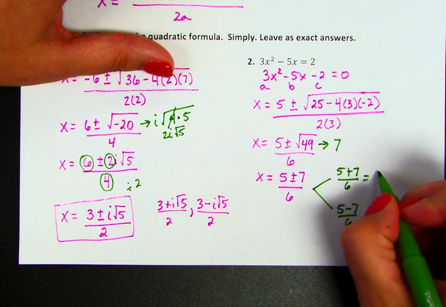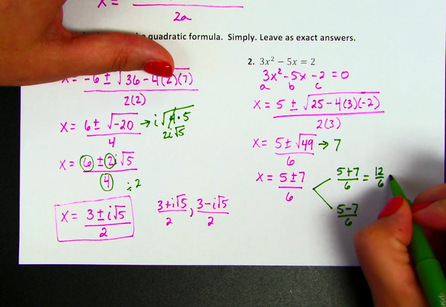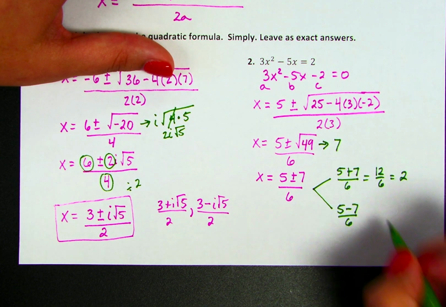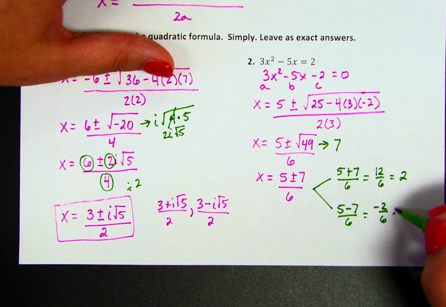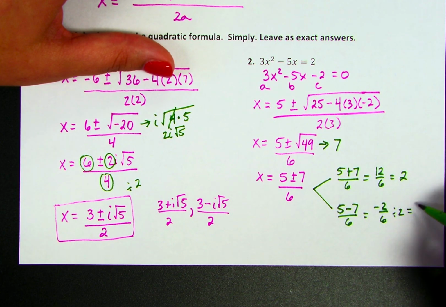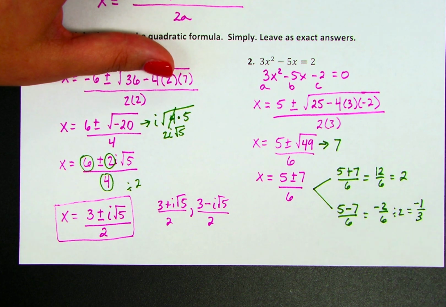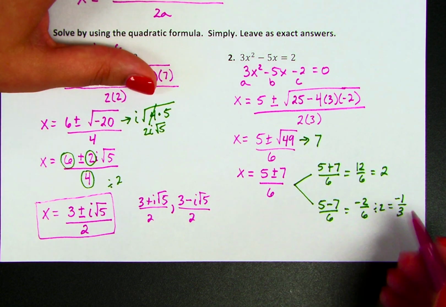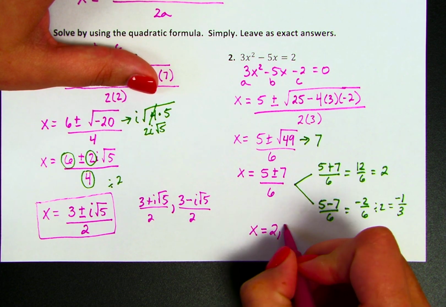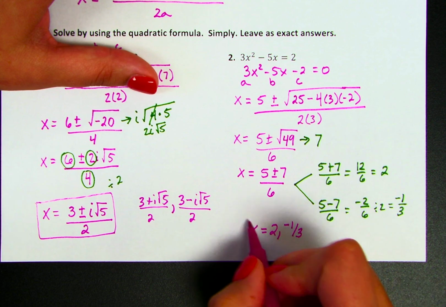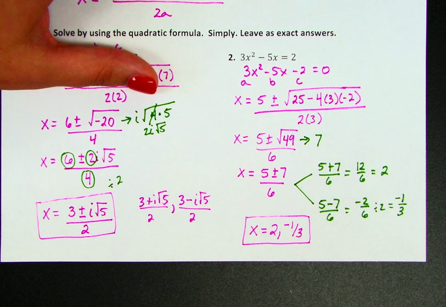Okay. So this will be 12 over 6, which is 2. And then 5 minus 7 is negative 2 over 6. And then I can divide each of those by 2. So this will be negative 1 over 3. So the final answers for this one will be x equals 2, comma, negative 1/3. And the order that you write those answers in does not matter.